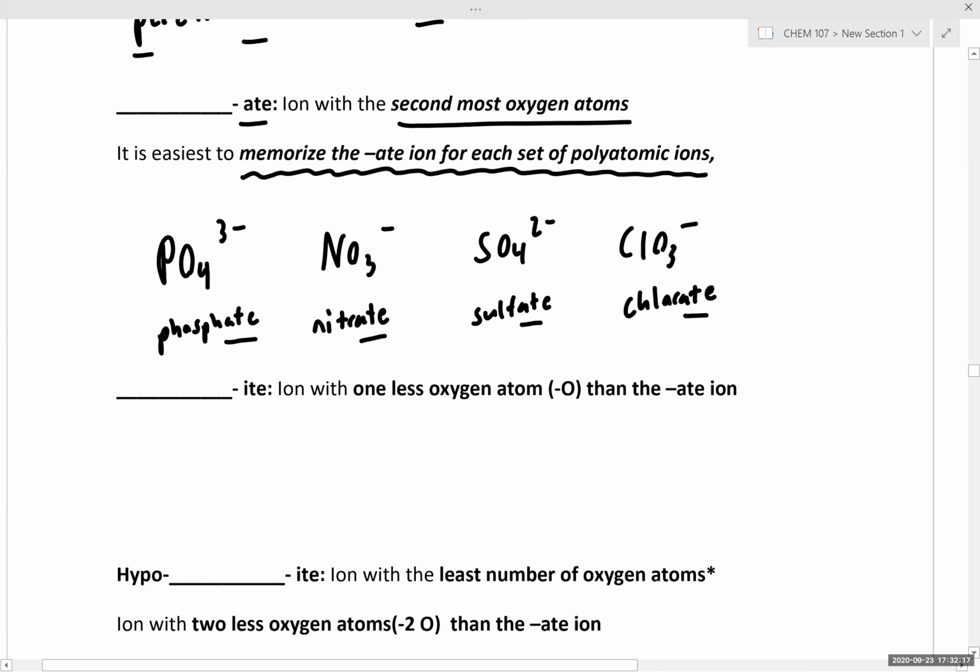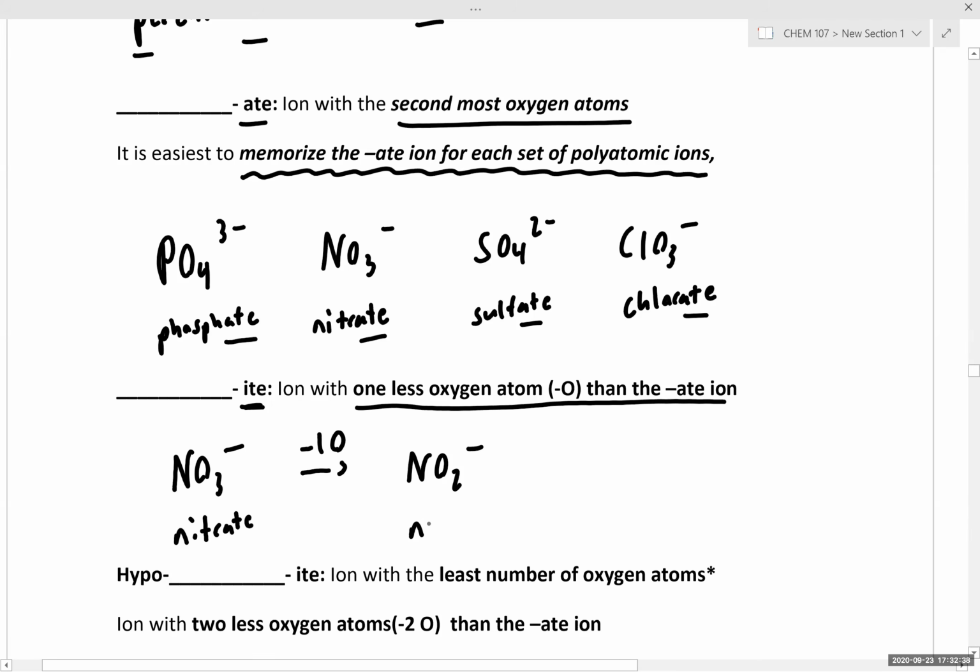The next common form is the ite form of our ion. It's the ion with 1 less oxygen atom than the ate ion. So for example, NO3- is known as nitrate. If we lose an oxygen atom, we get NO2-, which is nitrite.